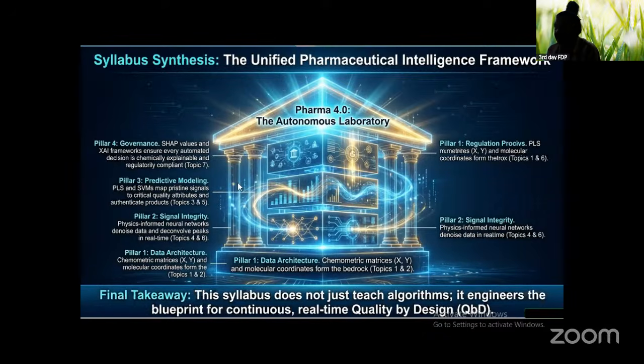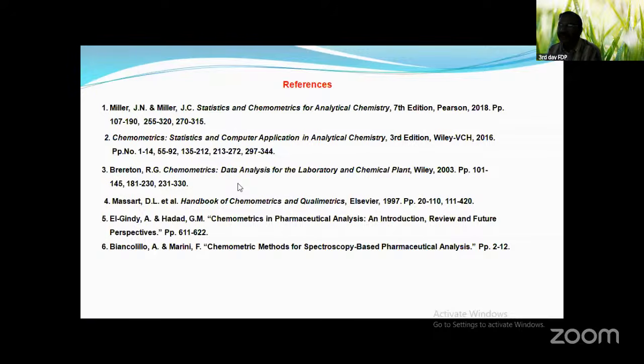Finally, I would like to say that the syllabus does not just teach algorithms, it engineers the blueprint for continuous, real-time quality by design. These are the references I would like to summarize once again, if anybody missed them in the previous slides.